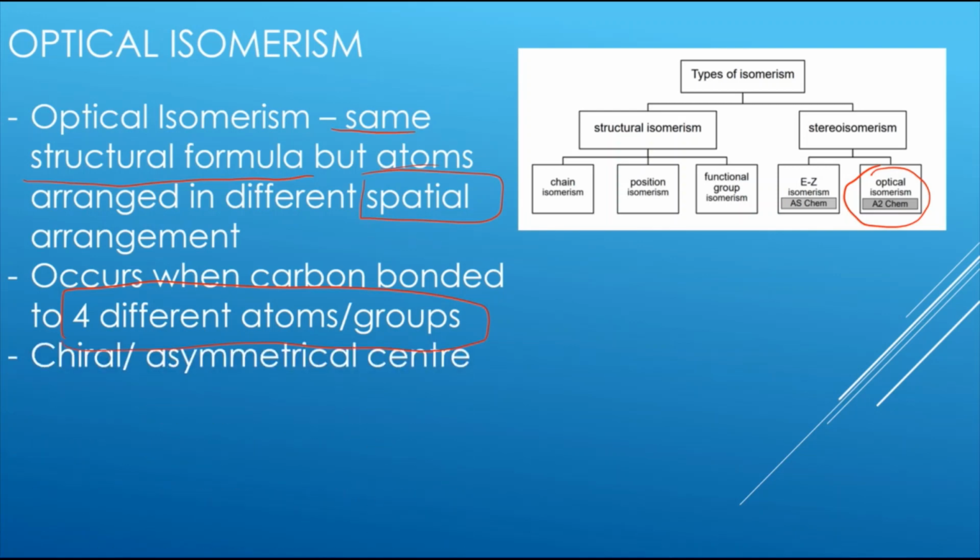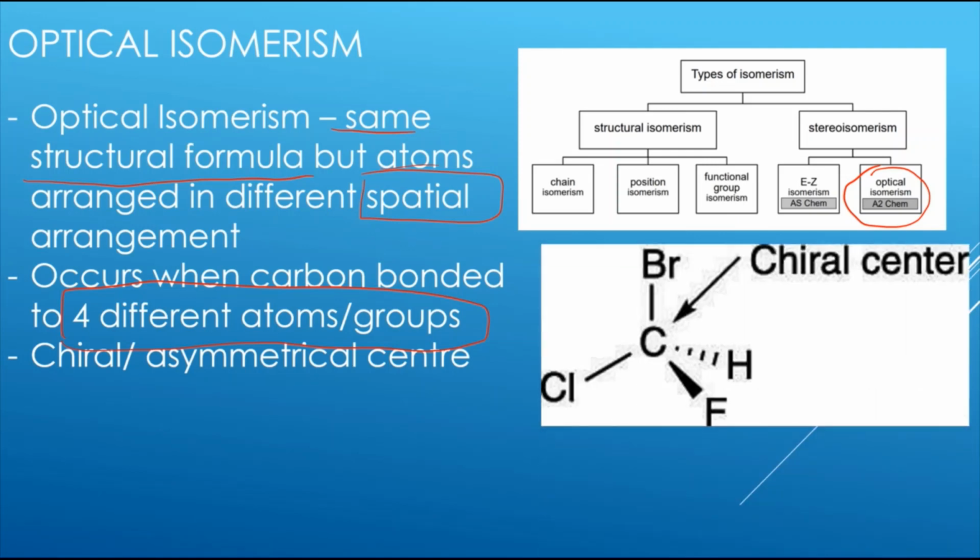And when this type of isomerism occurs, we say that the center molecule, so in most cases carbon, is a chiral or asymmetrical center, or chiral or asymmetrical carbon. So for example, in this picture, we have this carbon in the middle, which is bonded to 4 different atoms. It has bromine, chlorine, hydrogen, and fluorine. So we can say that this is a chiral center, or a chiral carbon.